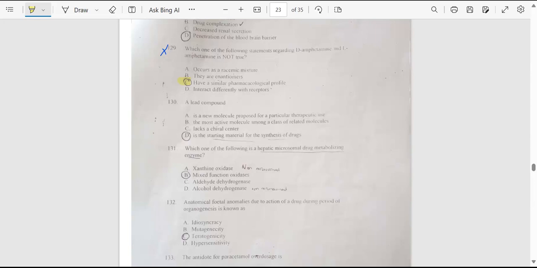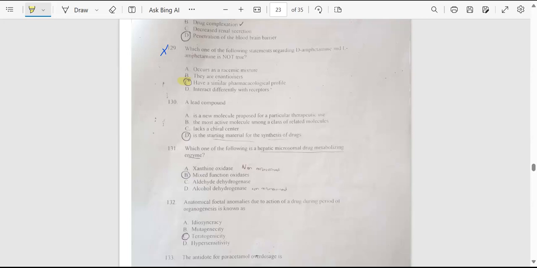Okay, we can just have a look at the choices. Is a lead compound a new molecule proposed for particular therapeutic use, or is it the most active compound among a class of related molecules? Does it lack a chiral center, or is it the starting material of a synthesis of a drug?